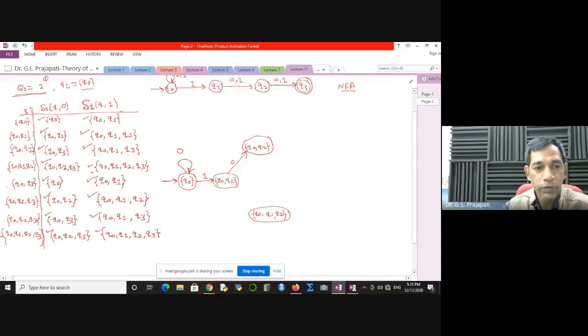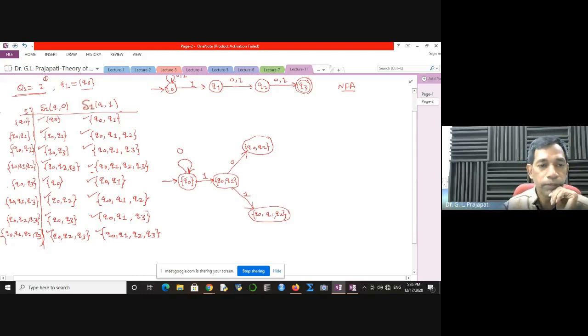If you are at Q0 Q1 and your input is 1, you are going to the state Q0 Q1 and Q2. So for the case of 1, you are going to this state.